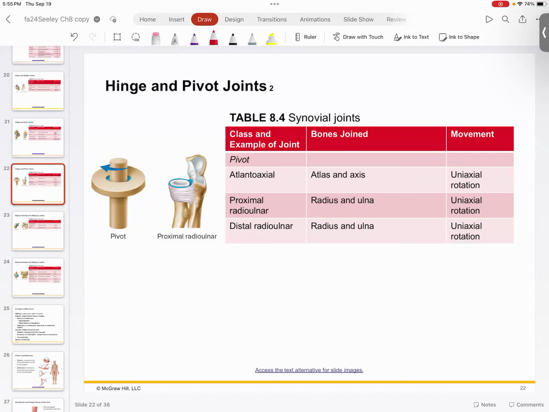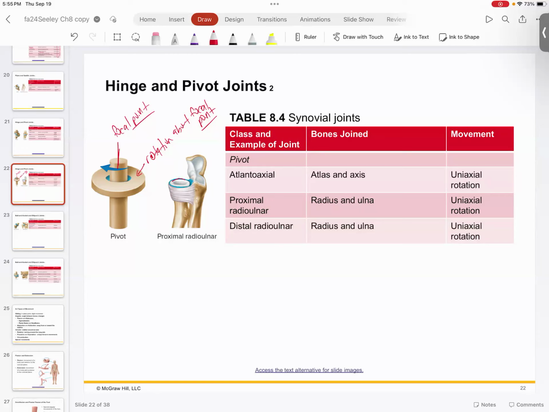The pivot joints are a little bit different. When you have a pivot, what you have to have is a focal point, and then you have to have a rotation about the focal point. And that creates your pivot. Essentially the radius and the ulna is a perfect example.